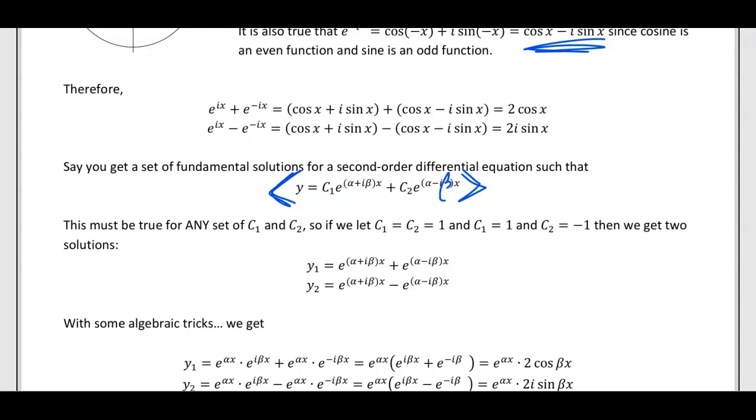We know based on this class that if I have two solutions for a second order differential equation, C1 and C2 must be true for anything in the general solution. So we'll get to that in just a second, but this is where we're going to go when we have complex solutions. Okay, in our auxiliary equation, I have a hard time saying that word, auxiliary equation.